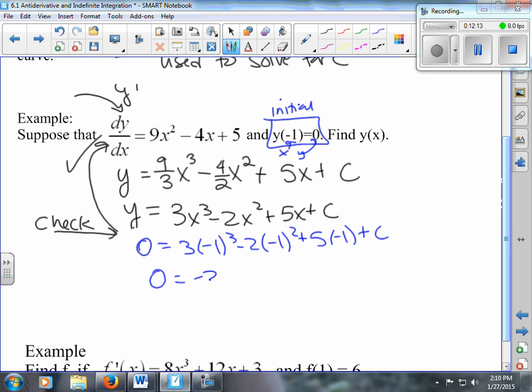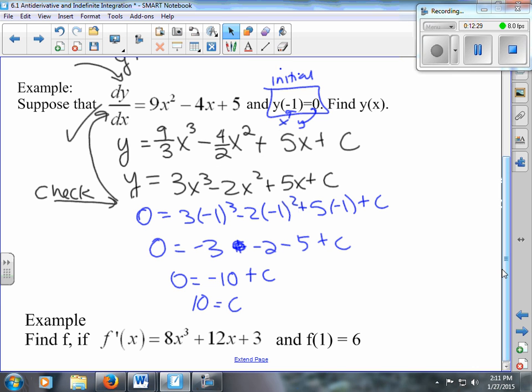So 0 equals negative 3, minus 2, minus 5 plus c. So 0 is negative 10 plus c. And so c must have been 10. And so now my answer is, let's squeeze it in here, y equals 3x to the third minus 2x squared plus 5x plus 10.